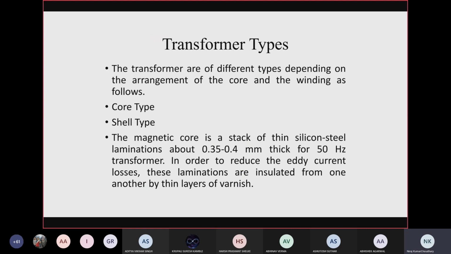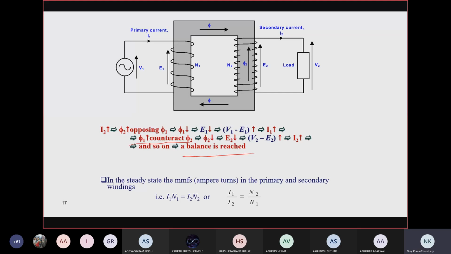Now before we discuss the practical transformer, you try to draw the phasor diagram of the transformer at loaded condition. उसके बाद हम लोग कंस्ट्रक्शन के बारे में पढ़ेंगे, and then we will talk about the practical transformers where we will consider the effect of leakage flux also, as well as the different winding impedances, resistances also.